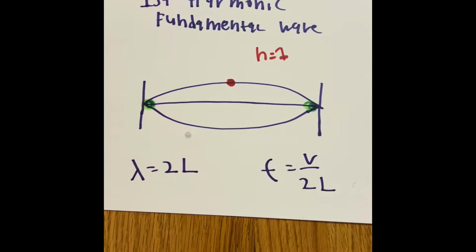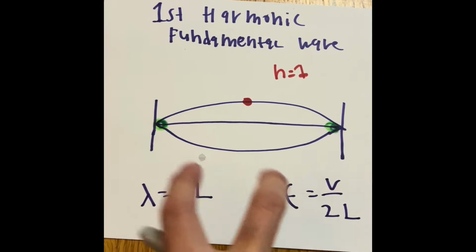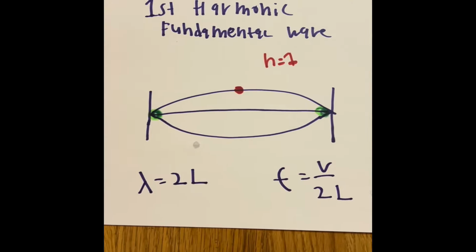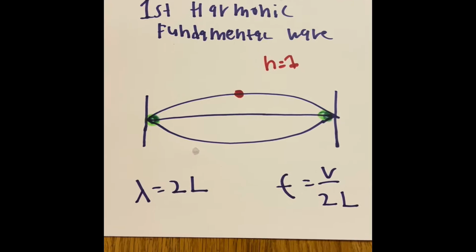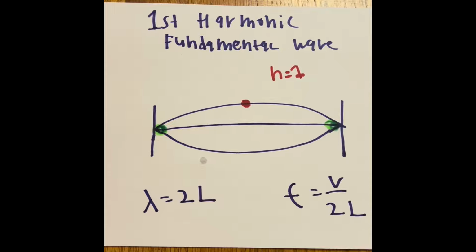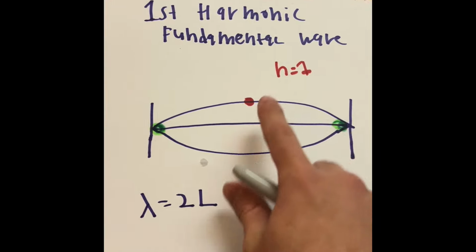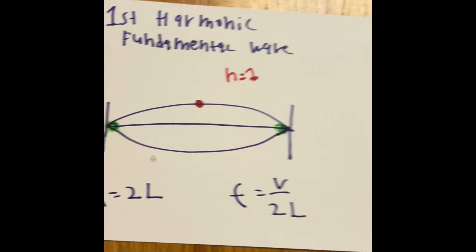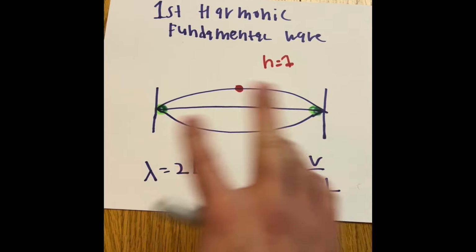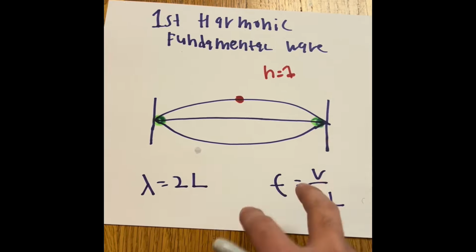So that is what the formula would look like if you were to simplify it from here to here. It's not a good idea to memorize the formulas because that could cause some confusion. But if you know to find the antinodes and to insert them into these formulas, then you will eventually get to these by your steps when solving.